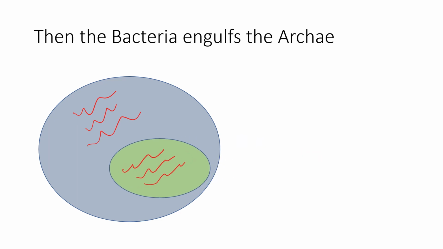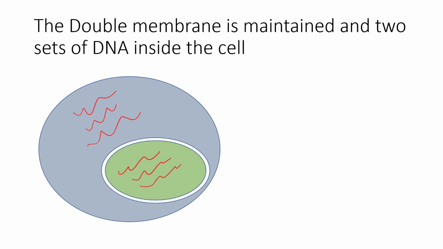They would surround their membrane around that archaea. And all of a sudden now we have a set of DNA inside our original bacteria, and now this may be that archaea that does consume oxygen and does produce energy off it. But the key is that the double membrane is still maintained, in addition to those two sets of DNA inside the cell.